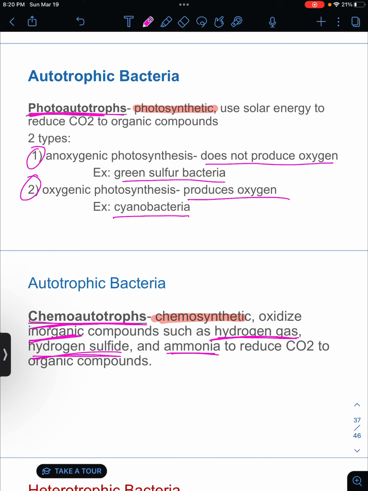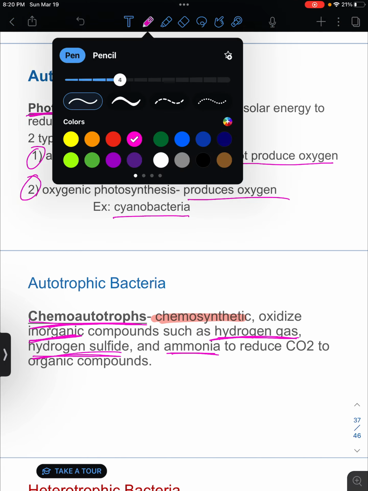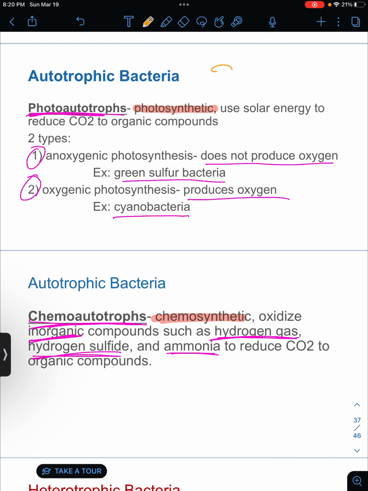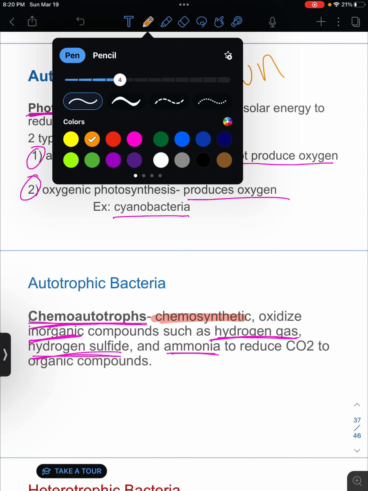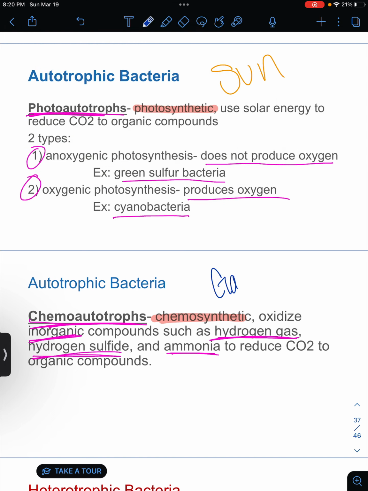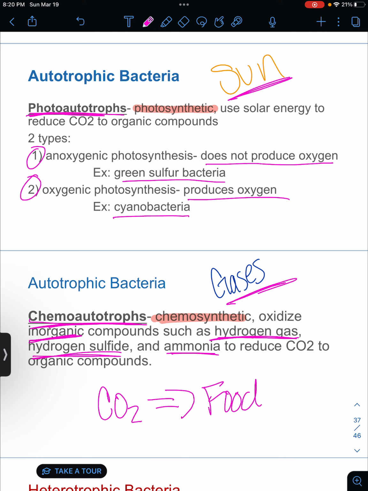But regardless, this one uses the sun, and this one uses gases. Regardless, they both take CO2 to make food. One uses the sun, one uses gases. Chemo uses gases, photo uses the sun.